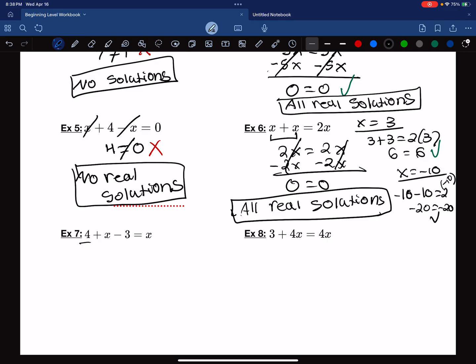This 4 and this negative 3 are on one side of the equation, and they are like terms. So we always want to combine like terms on one side of the equation first before we do anything else. So 4 minus 3 is 1. So we get x plus 1 equals x. Then we subtract x on both sides. These x's cancel, and we are left with 1 equals 0. And 1 is not equal to 0, so no real solutions.